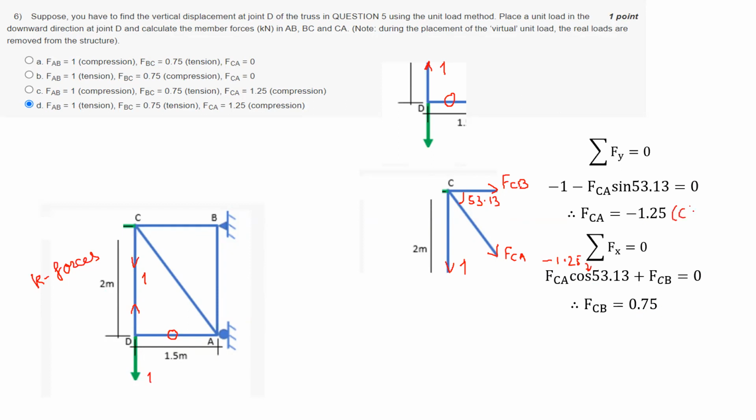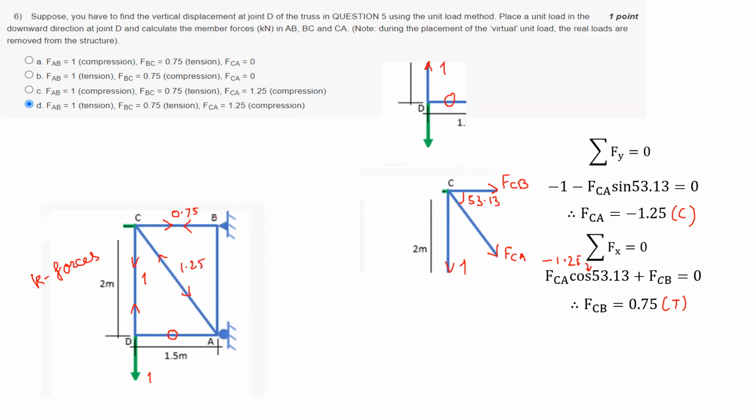So this is minus, so compression; this is plus, so this is tension. So FCB is tension 0.75, and FCA is compression 1.25.